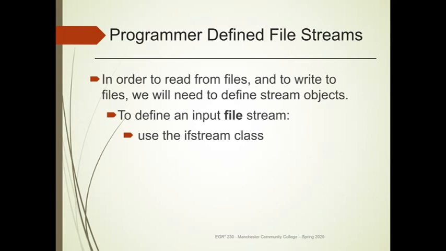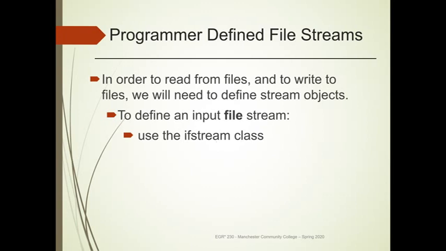When we use these things called classes, they are somewhat analogous, at least in how you use them, to a data type. So instead of putting int, you would use ifstream in this case if you wanted to have an input file stream object.